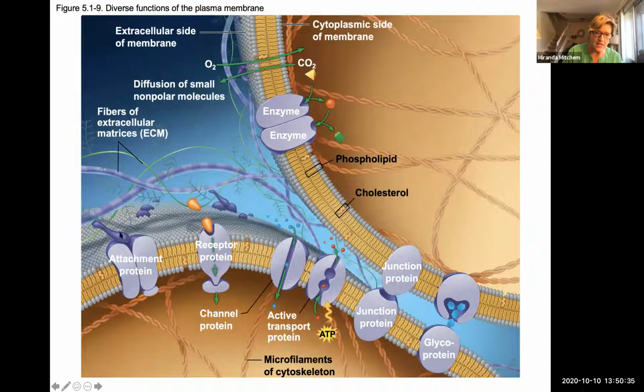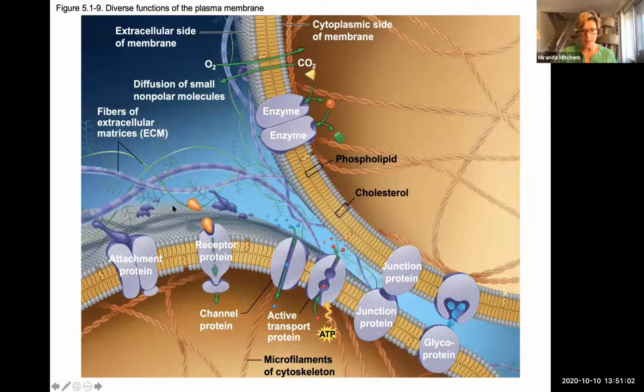We looked at attachment proteins that really do bridge the external and the internal world. That is because inside the cell, the attachment protein is anchored onto the cytoskeleton, whereas outside the cell, the attachment protein is interacting with something in the extracellular matrix. So this is cell to cell communication. This is how it's done.